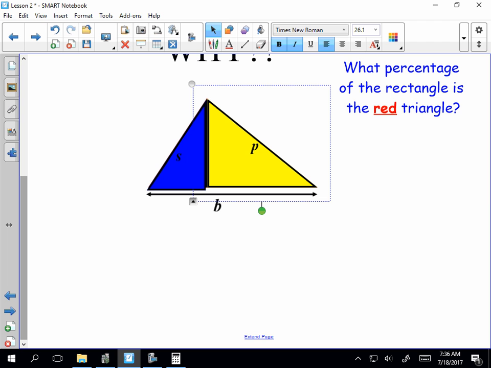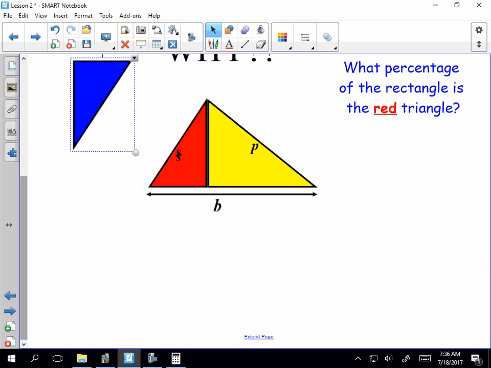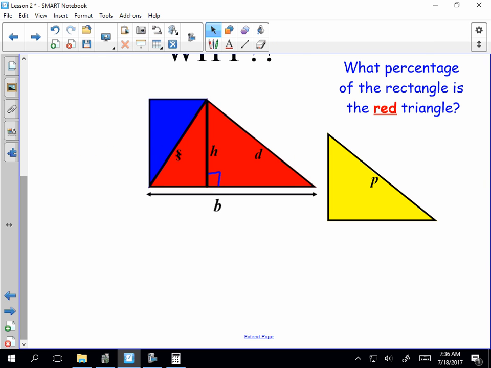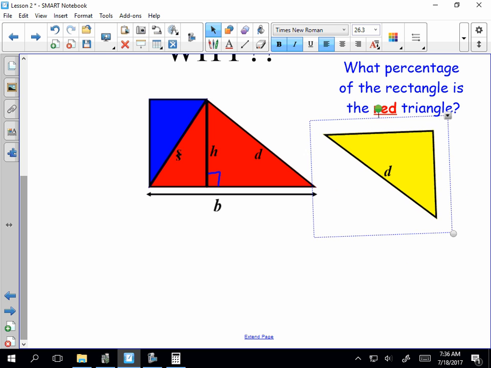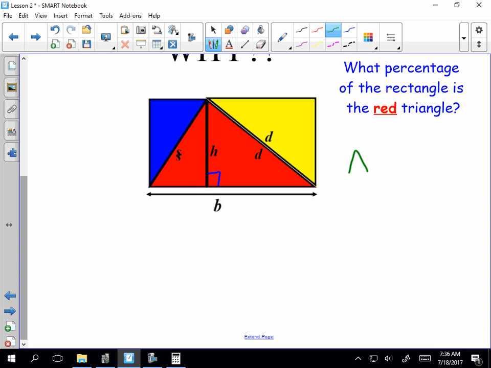All I'm doing with these pieces is pulling them out and tacking them on to the triangle itself. And what shape have I made? I've made a rectangle, and we know that the area formula for a rectangle is base times height.